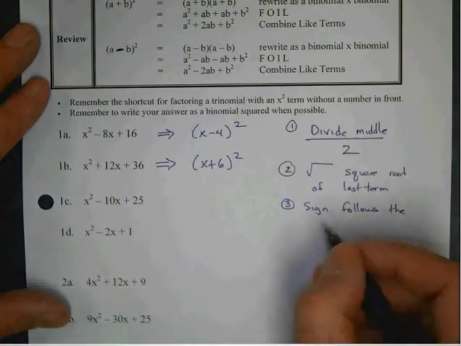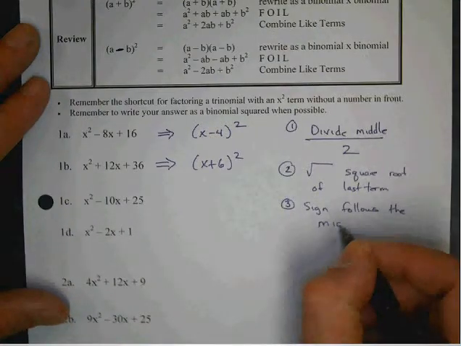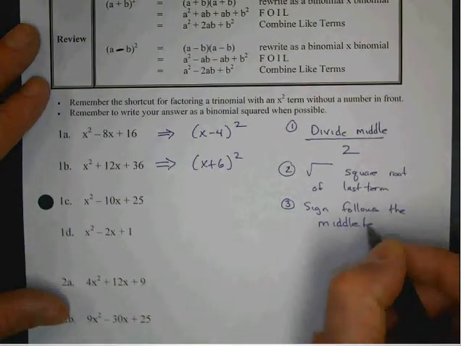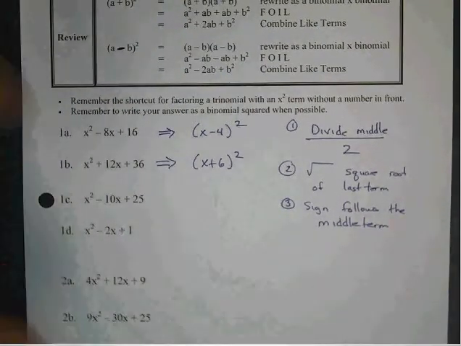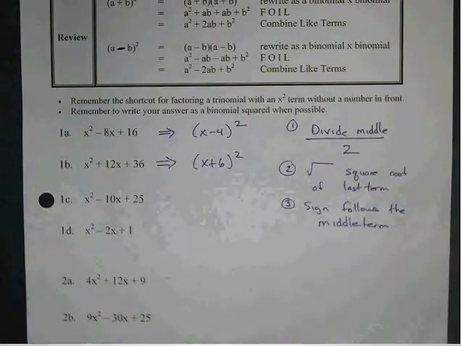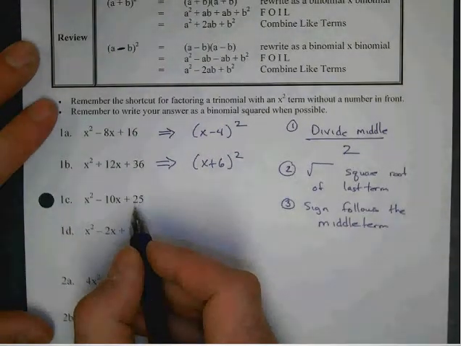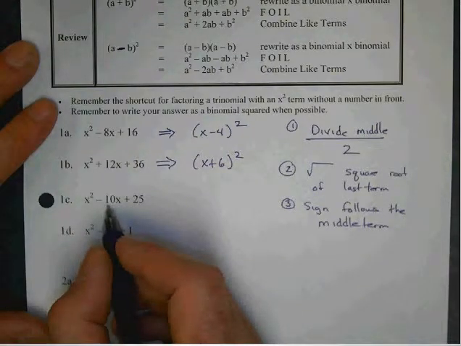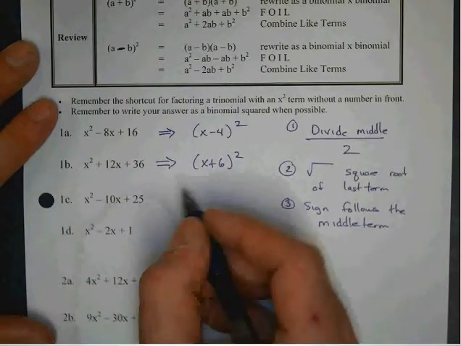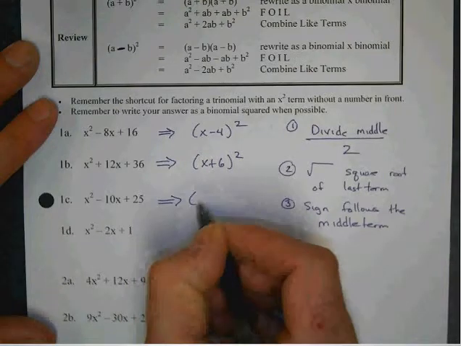The second term or the middle term? All right, so let's take what we just hypothesized and answer 1C. What's the square root of 25? 5. Divide 10 by 2. Negative 5. So what's my answer? x minus 5 squared.